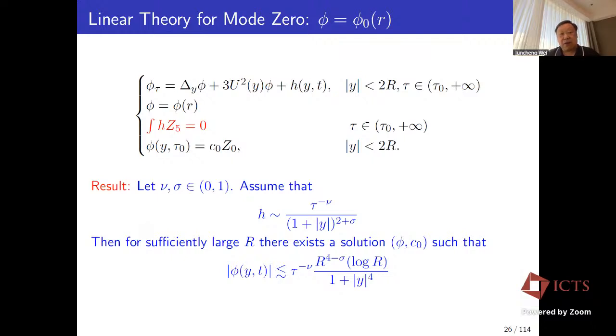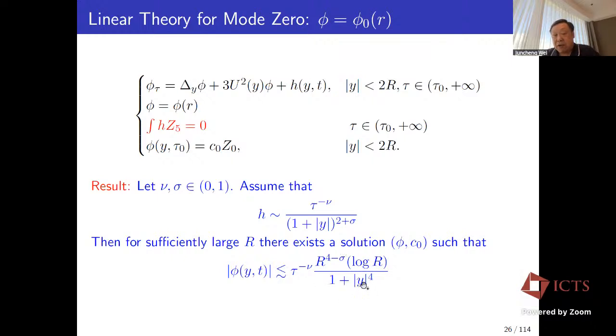For sufficiently large R, there exists a solution to this problem, phi and C0, such that phi is like the following, where you still have the time decay: R to the 4 minus sigma, log R, over 1 plus y to the 4.